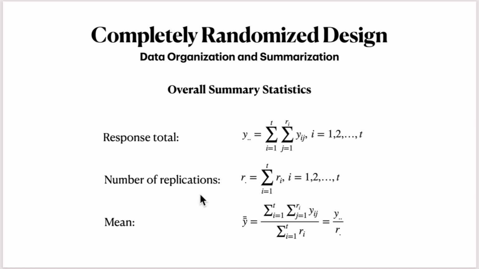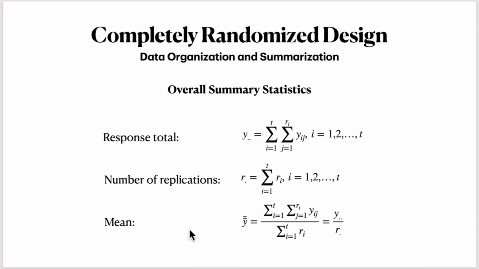The total number of replications we will represent this way, r dot, because we are summing up the number of replications across all samples. In other words, we are summing over the index i. And then finally, we're going to need the overall mean of the combined data.